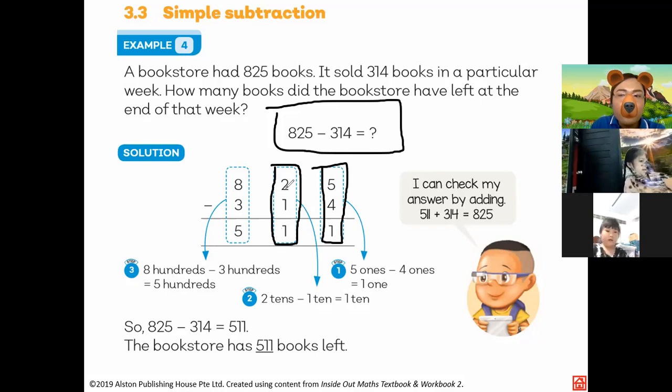So that's 2 minus 1, that's 1. All right. And then next, let's subtract the numbers in hundreds place. So that's 8, oh, that's 3 minus 8, that's 5.